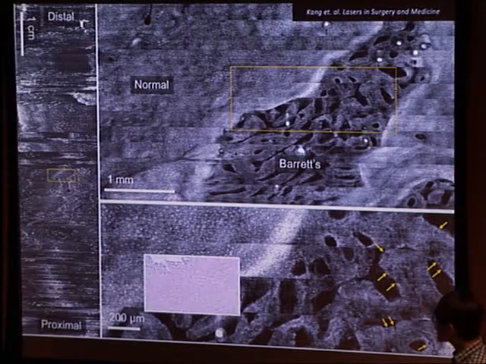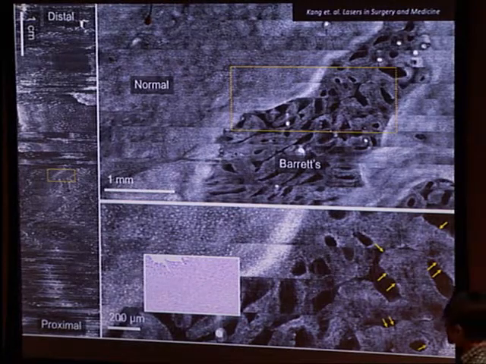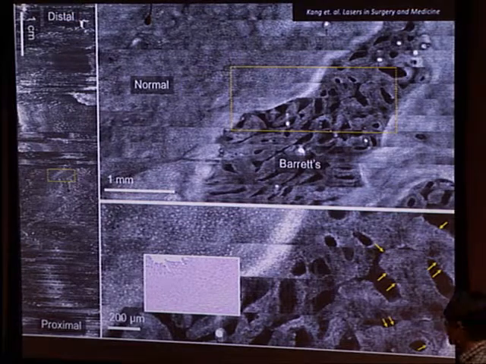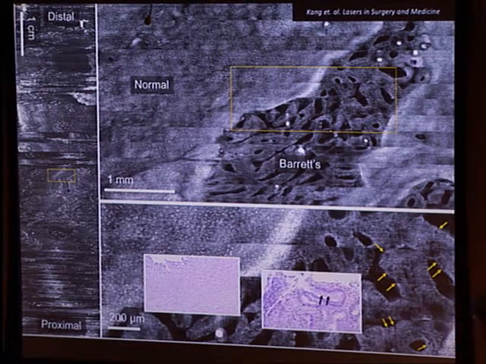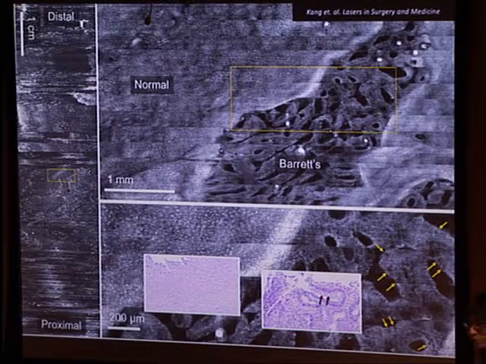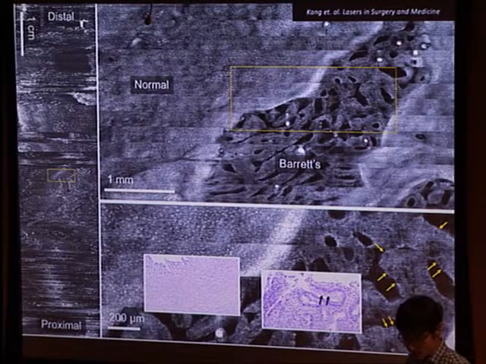So they're pretty similar to what you actually see from the histopathologic slide that doctors use for diagnosis. This is a normal slide, and on the right side you're seeing these goblet cells. Being able to visualize these goblet cells is really important for diagnosing Barrett's esophagus.